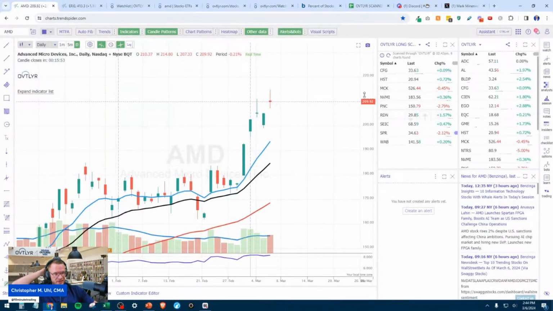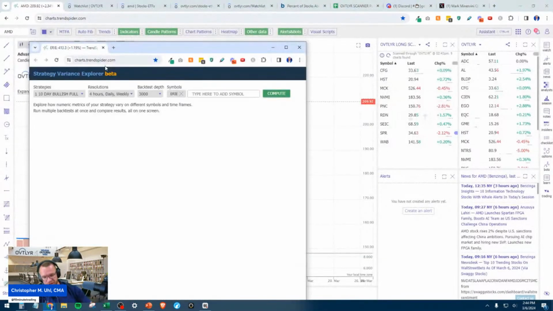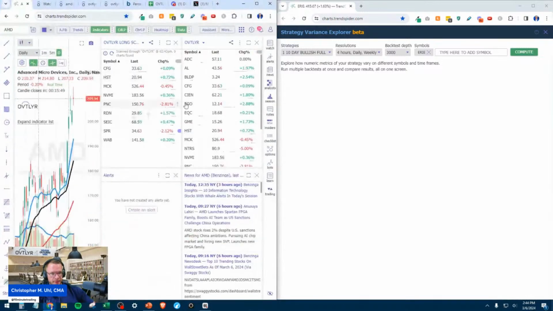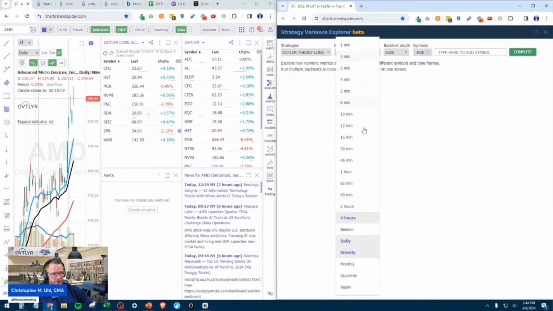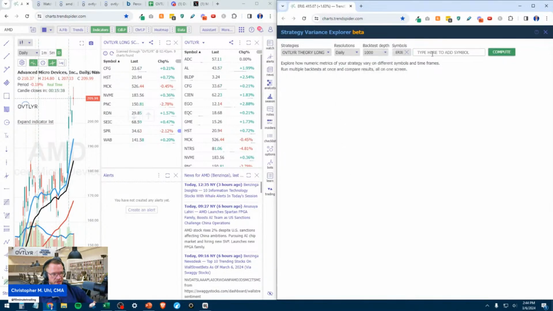Going back, this is that short list here. Let's throw these in the Variance Explorer. Now this is where I can backtest a bunch of stuff at once, which is super cool. On the daily with 1,000 candles, but I have to type it in manually. So CFG, HST, MCK. If you're wondering what I'm typing in, it's this list that pulled through on the scanner just a minute ago.